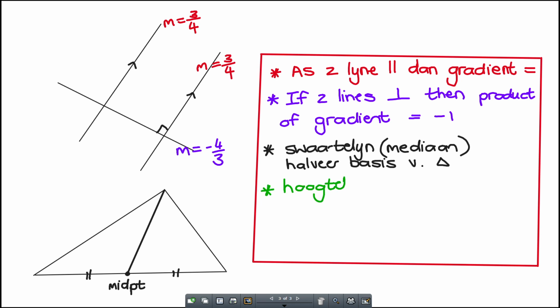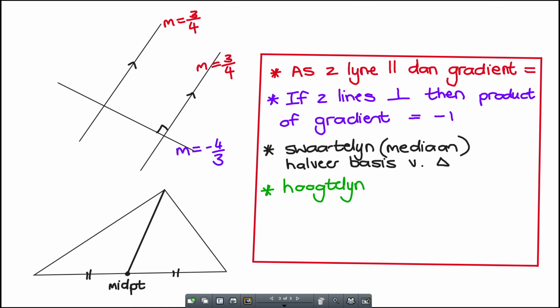If I ask you how high is this building, the angle between the ground and the building will always be what? 90 degrees. Otherwise the building will stand crooked and fall over. So 'n hoogtelyn is altyd met 'n 90 grade hoekie.